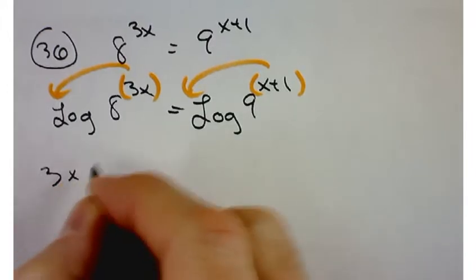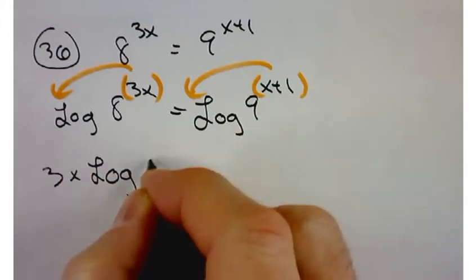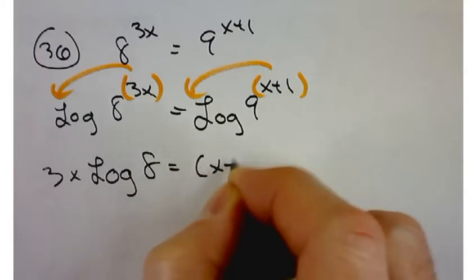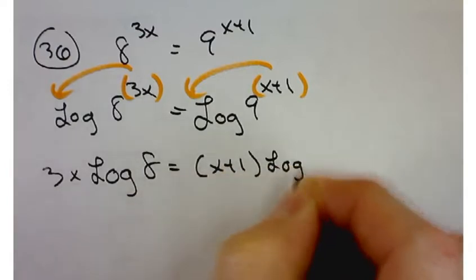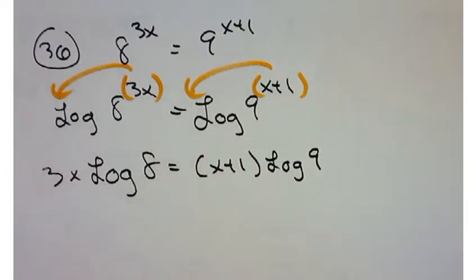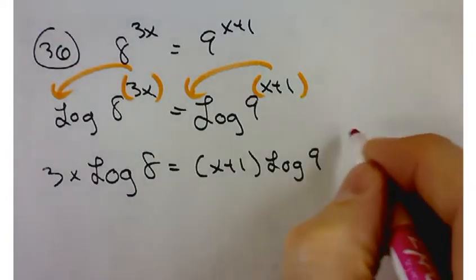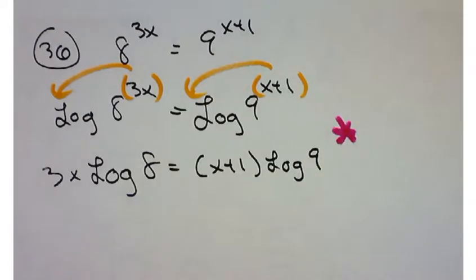So the 3x comes out in front. It gives me 3x log of 8 equals x plus 1 log of 9. And kind of like last time, I'm going to remind you that there's two places that you need a little bit of finesse. This is the first one right here. And the trick here is to do what? Distribute.